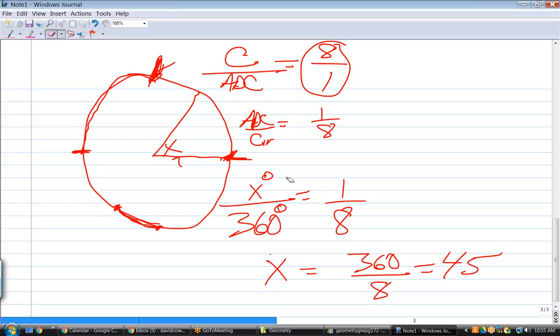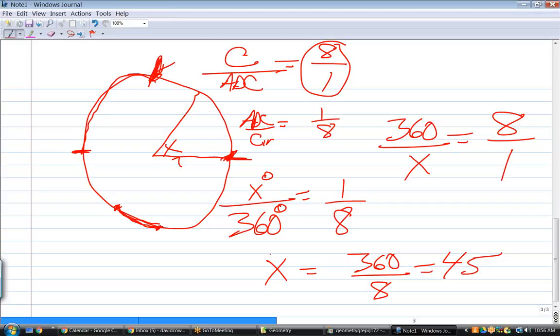Everybody, when they see a fraction equals a fraction, wants to cross multiply. Well, you only need to if your variable is in the denominator. Notice that if I had set it up this way, 360 is to x as 8 is to 1, then you would have to cross multiply, because I can't solve for x in one step. I have to get it into the numerator.